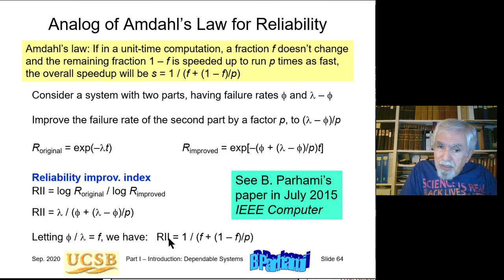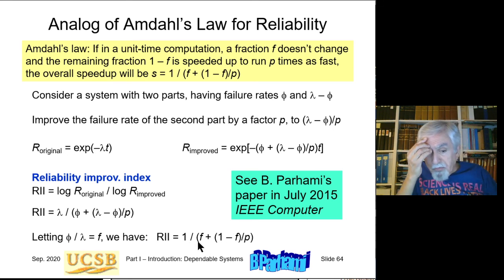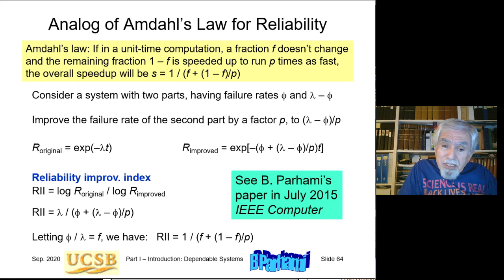Then this term basically becomes 0, and the reliability improvement index will be 1 over f. If the fraction of the system that you left unchanged is, let's say, 20%, f is 0.2, the maximum you can hope for the reliability improvement index is 5, 1 divided by 0.2, no matter how much you improve the remaining part.